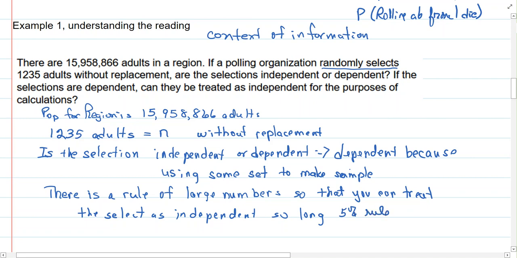And that is the sample is less than 5% of the original, which in this case it is. So that gives you an idea. It's a complexity of statistics within the generality of statistics.